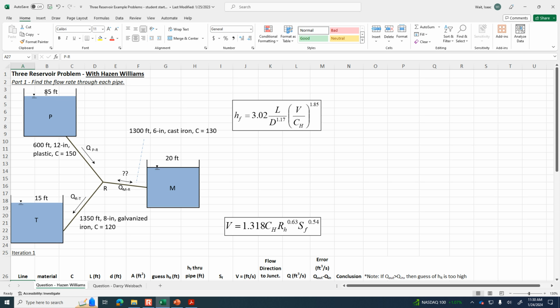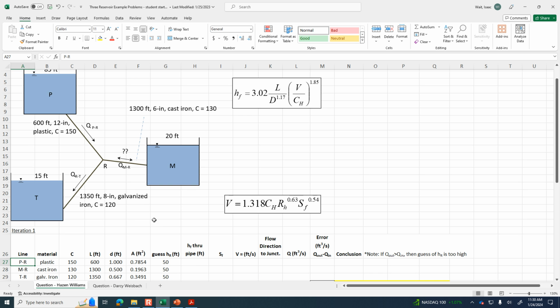It's quiescent water that's not moving anywhere. It's just at the surface of a tank. So we can say there's no velocity head, and we can see the little triangle and the ripple marks. That tells us it's open to the atmosphere, so there's no pressure at the top of the tank. So the water surface elevation is where all of the head comes from at P.